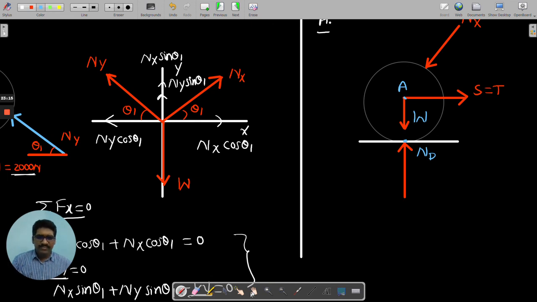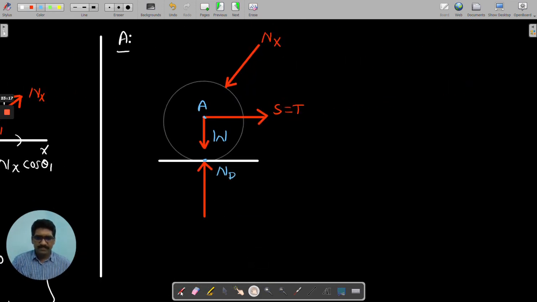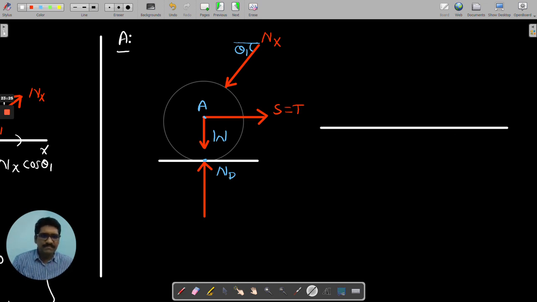Okay, now we can do one thing. Angle theta 1 with the horizontal. Place the coordinate system. Have some patience. This was a lengthy question, there is no alternative. It is X axis, it is Y axis. Now you place all the forces in this quadrant. So therefore, we will be having finally N suffix D acting upward.